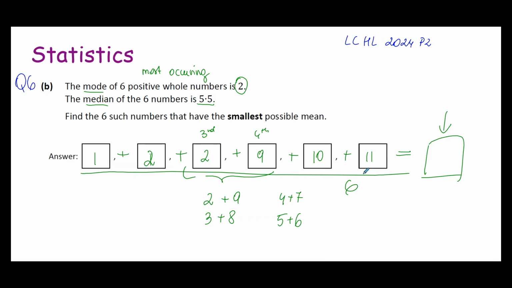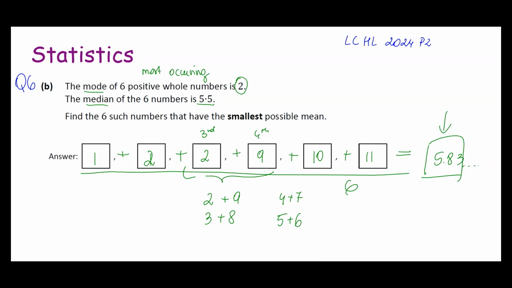So now we are in a situation of basically trial and error. First of all, we put all of that because we are saying, okay, 2 is most occurring, 2 and 9 together will be 11, so the median will be 5.5. So let's see what mean we get. We put all of that in the calculator, press equal, and we get 5.83 and so on. Okay, so that gives me the first option, knowing this is what I can achieve. So how about if I go 3 and 8?